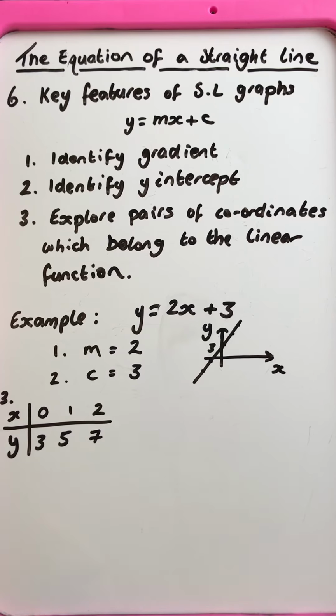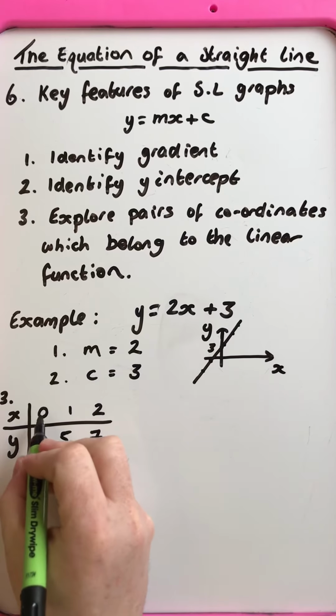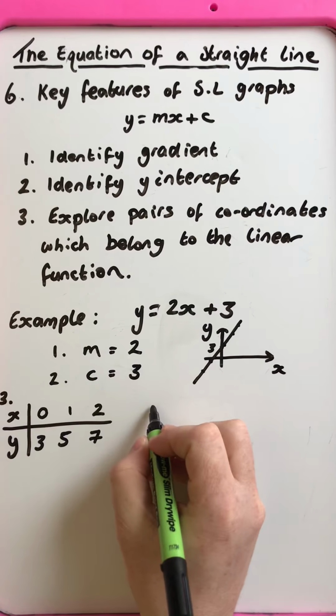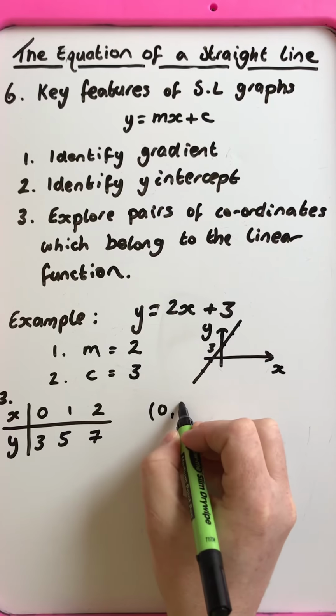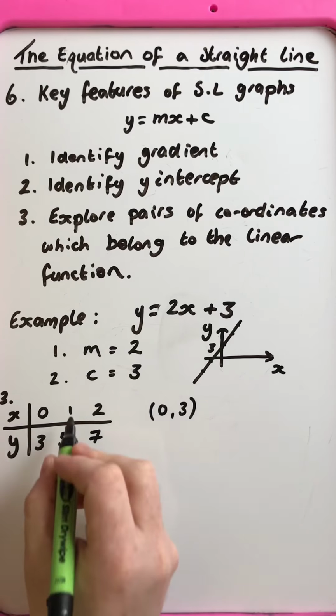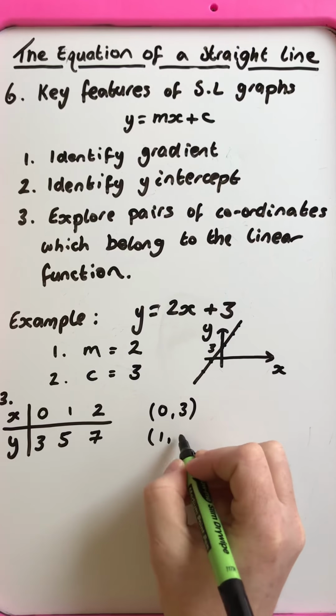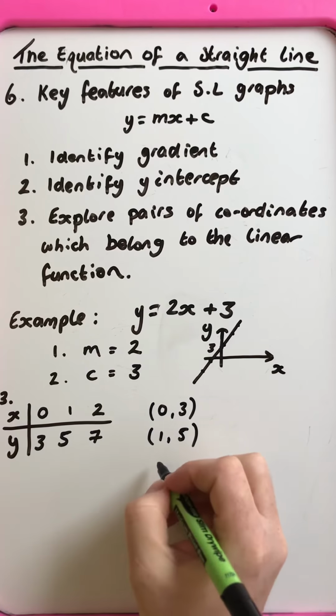Okay, and then from that we can take coordinate points. We can take the coordinate point here as 0, 3. So we've got a pair of coordinate points there, 0 and 3, 1 and 5, and 2 and 7.